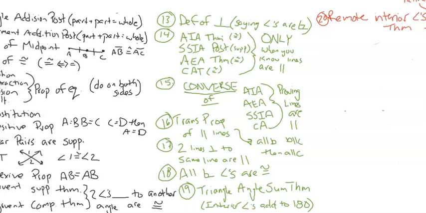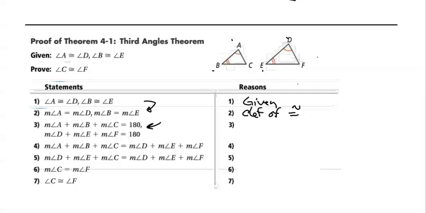Triangle angle sum theorem says interior angles add up to be 180 degrees. So what I can do now is I can say this is the triangle angle sum theorem. If they both equal 180, what tells you that you're allowed to go over and set them equal to one another? What tells you you're allowed to erase the 180 and put what 180 equals? Substitution.